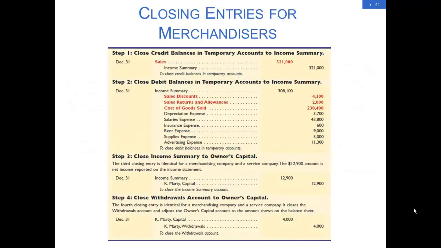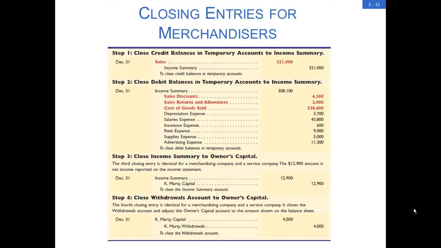Closing entries are similar for service companies and merchandising companies using a perpetual inventory system. The difference is that we must close some new temporary accounts that are arising from merchandising activities. Sapmart has several temporary accounts unique to merchandisers: sales, sales discounts, sales returns and allowance, and cost of goods sold.